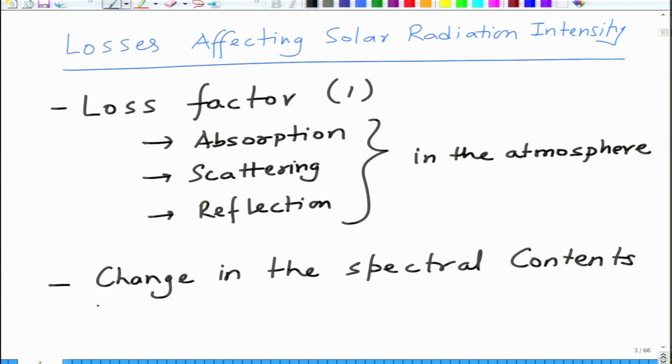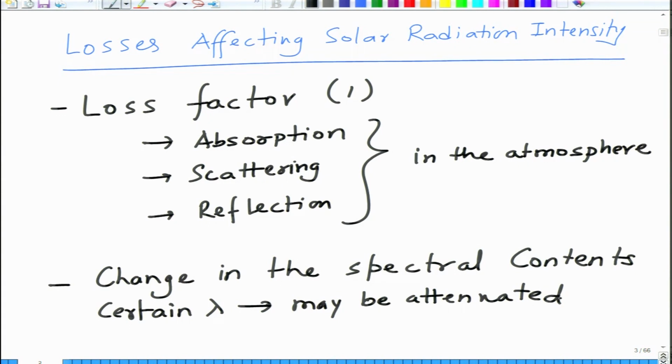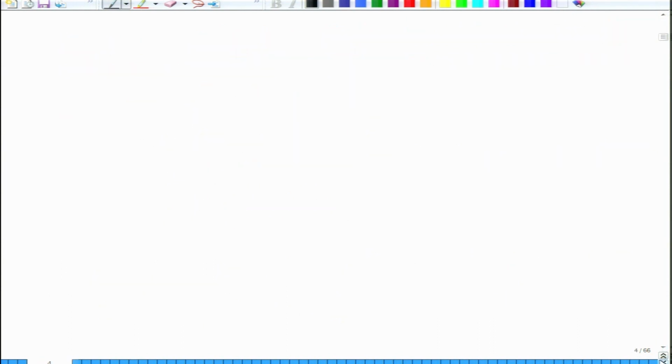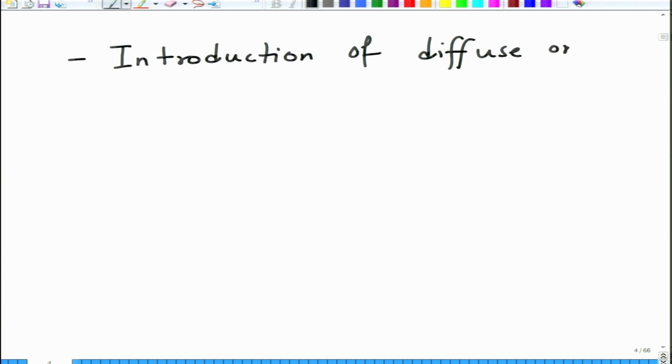So, certain wavelengths, which means that certain lambda may be attenuated because of propensity of those wavelengths to be absorbed by certain constituents present in the atmosphere. And then third is introduction of diffuse or indirect radiation.